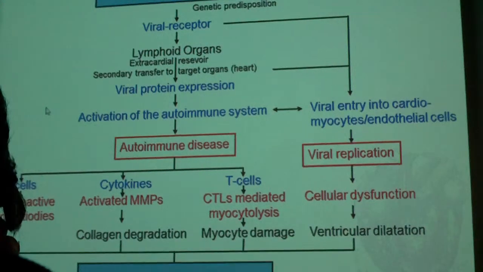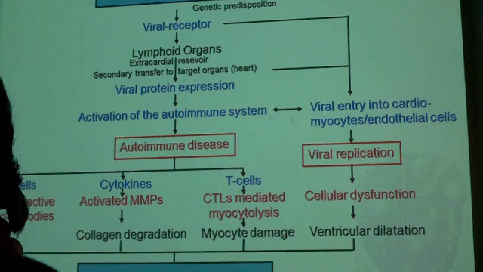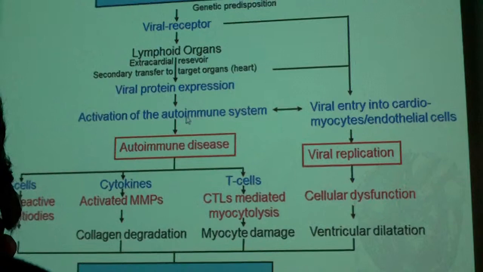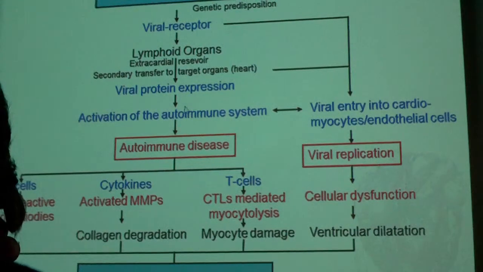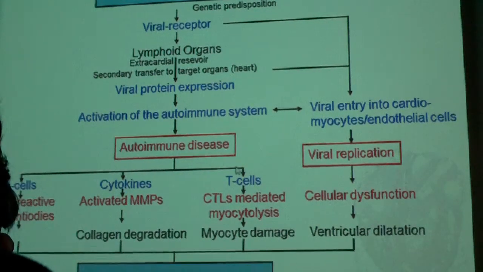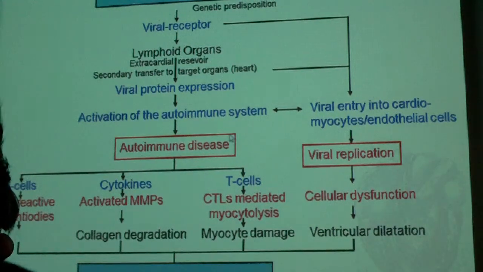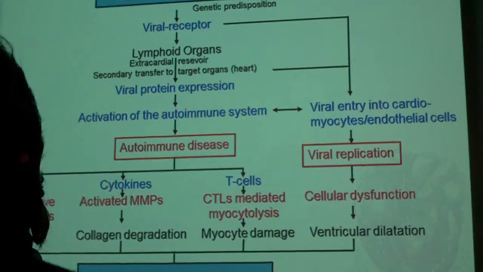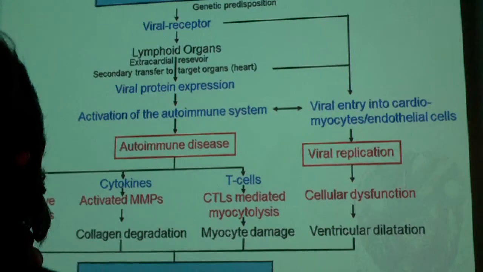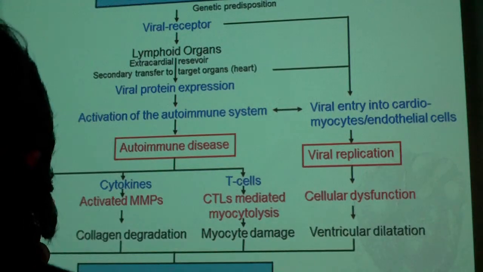That's the activation of the immune system. And the virus enters the heart, it activates the immune system. That's a natural response, because if you get the common flu, your immune system is also activated. And then you get the upregulation of the T cells and your B cells, and then you hope that your immune system eliminates the virus, and then you're in a week with a stuffy nose, you're healthy again.